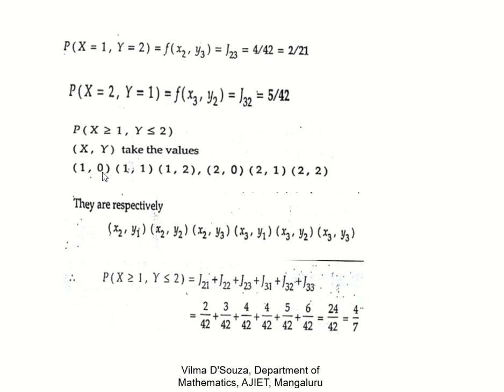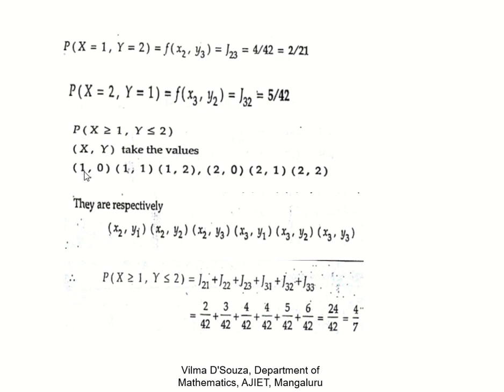Take all the combinations. When x is 1, y can take 0, 1 and 2. When x is 2, y can take values 0, 1, 2. So what is the probability of x greater or equal to 1, y less than or equal to 2?